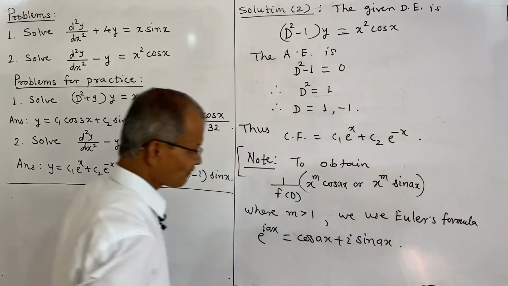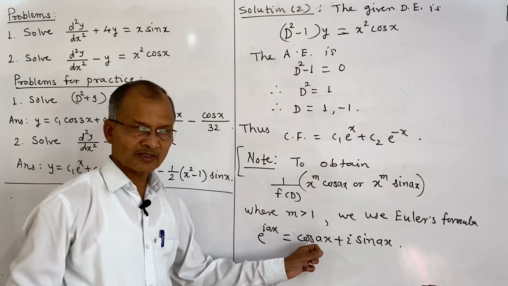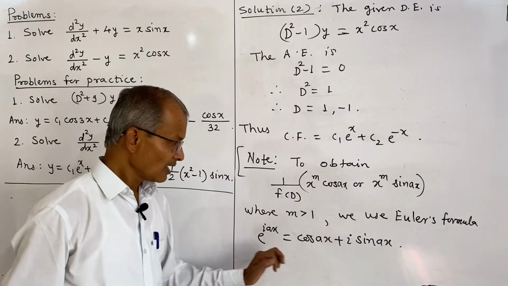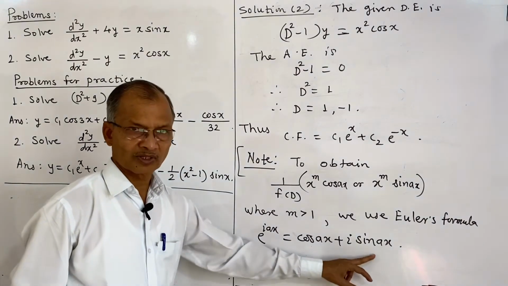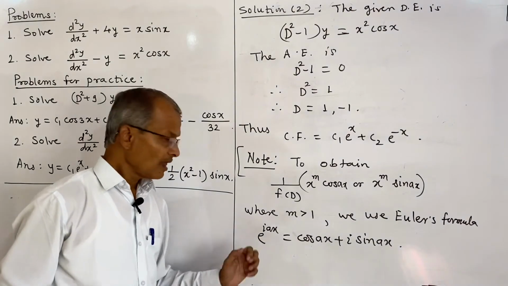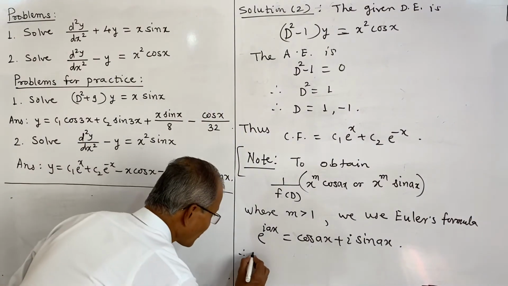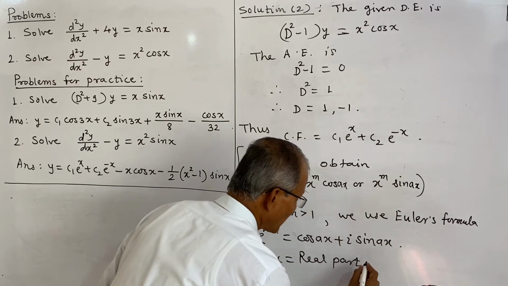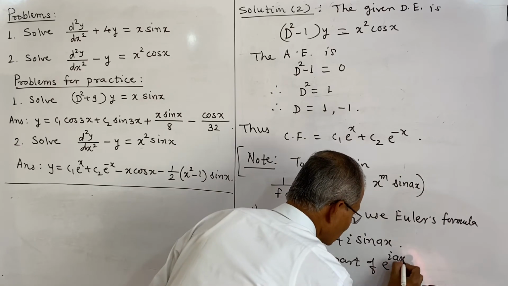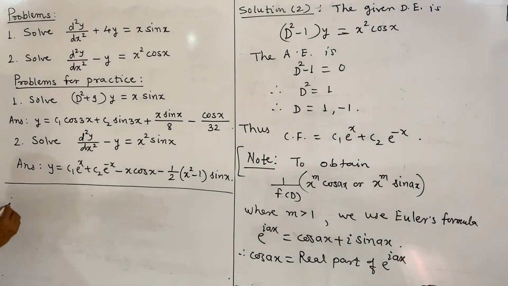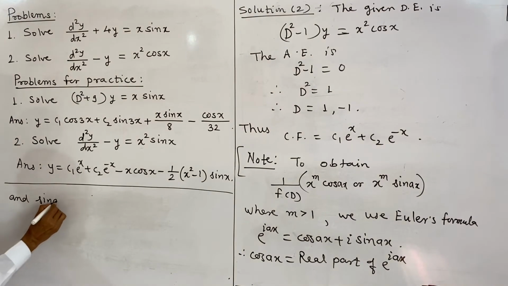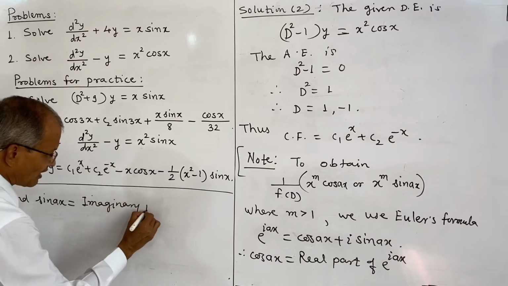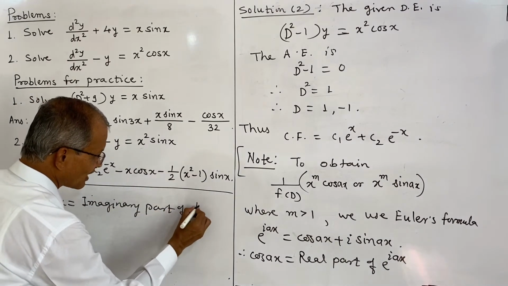Therefore cos ax will be the real part of e power iax, and sin ax is the imaginary part of e power iax.